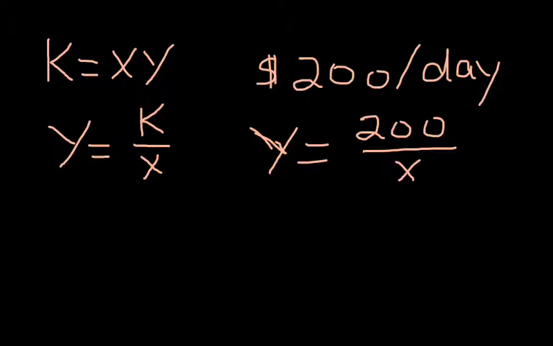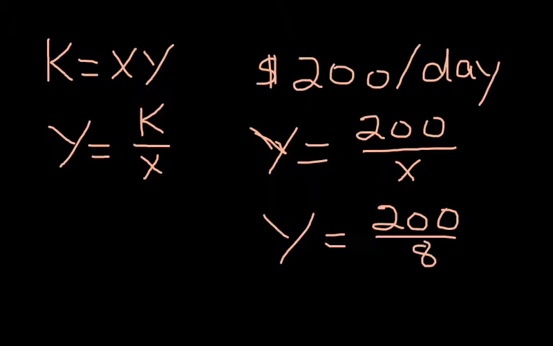Therefore, if we had 8 people, for example, using our condominium together, then y is equal to 200 divided by 8, or y would be equal to $25 per person to rent the condominium for a day. So this is an inverse relationship showing this cost for 8 people.